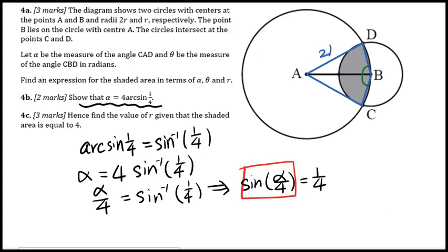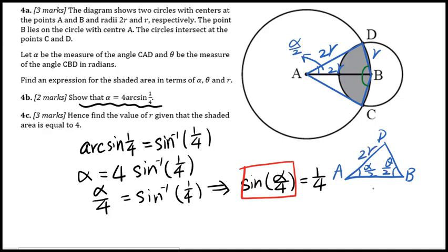AD, that's 2R. Here AB is 2R. DB is R. This angle is alpha over 2. Let's draw this triangle here. So this is D, this is B, here's A. This angle is alpha over 2, and this angle is theta over 2.